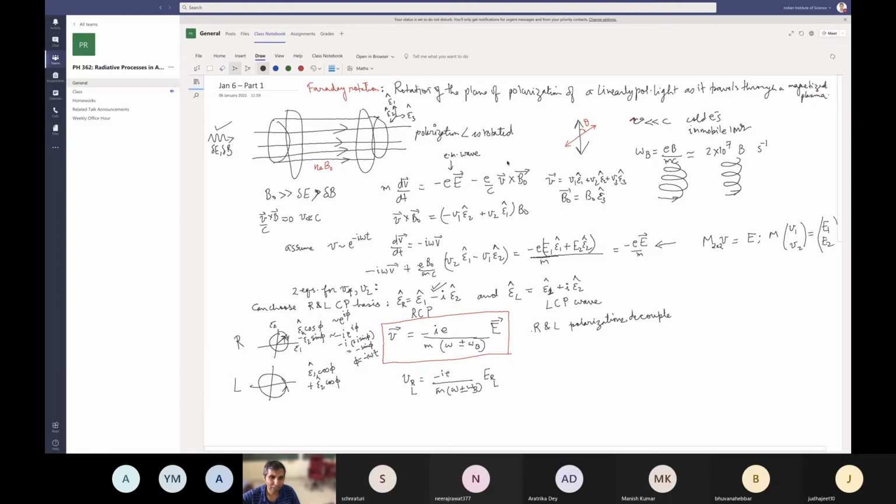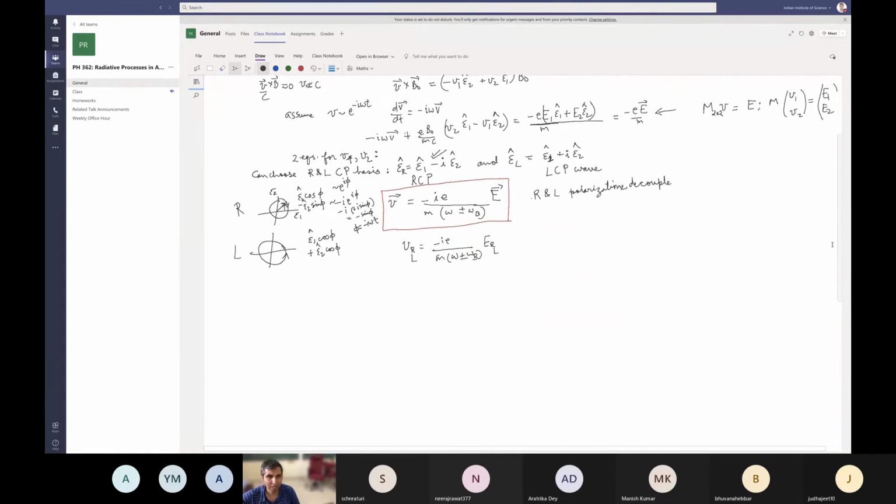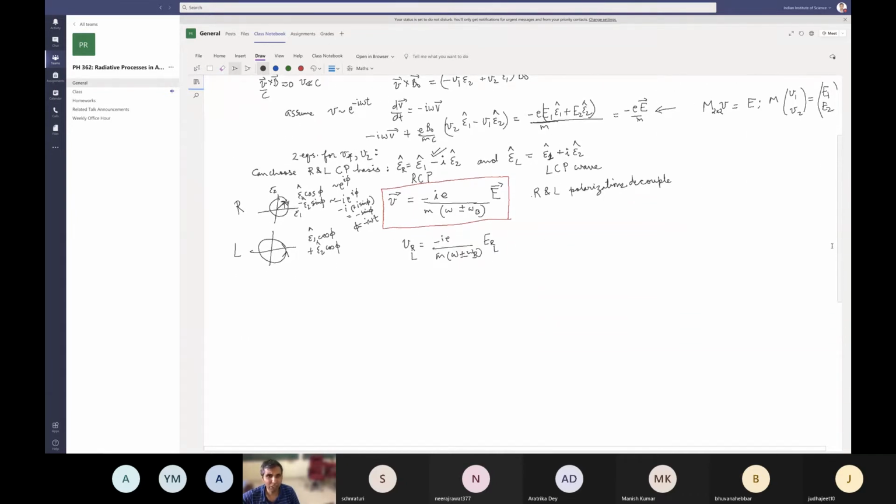So it's pretty physically plausible that the basis functions are these circularly polarized unit vectors rather than the linearly polarized unit vectors, because of the circular motion of the particles.